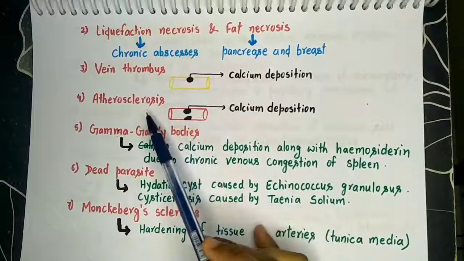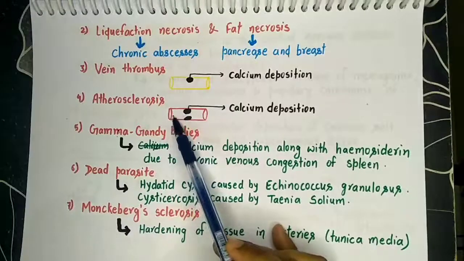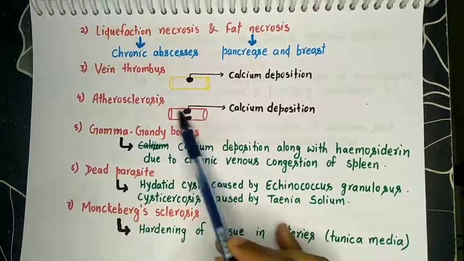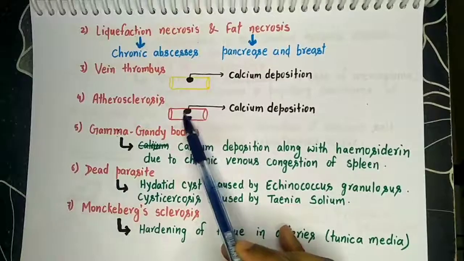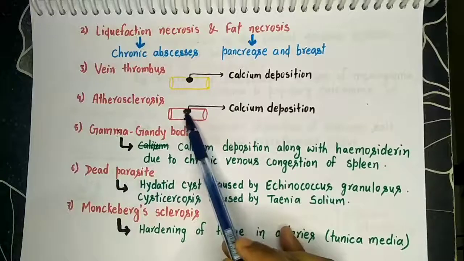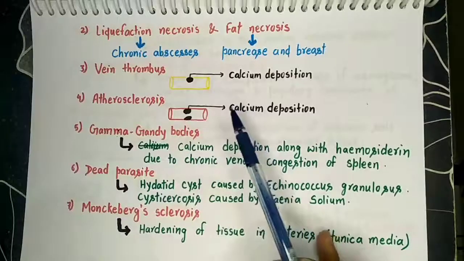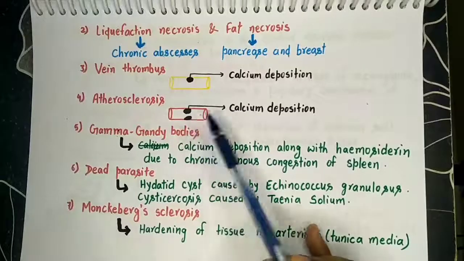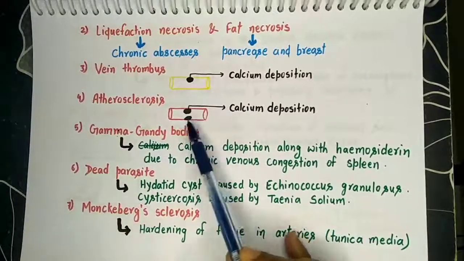The other example is atherosclerosis. Atherosclerosis means thickening of the wall of artery due to deposition of cholesterol in the wall. Due to deposition of cholesterol, automatically there will be deposition of calcium as well, and this will also come under the classification of dystrophic calcification.